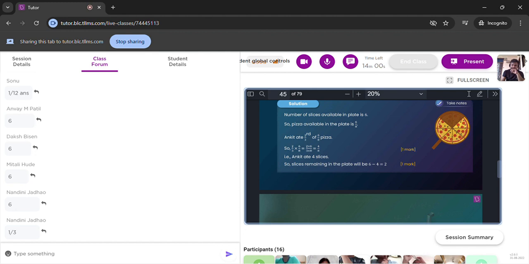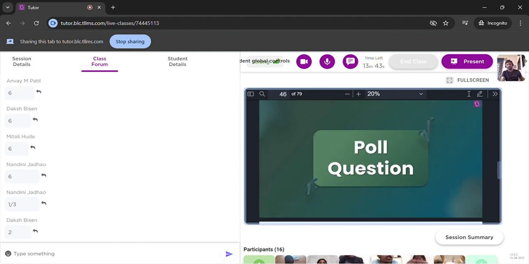Then you get 4 by 8. So Ankit ate 4 slices. So slices remaining in the plate will be 6 minus 4, and in this way you get 2.